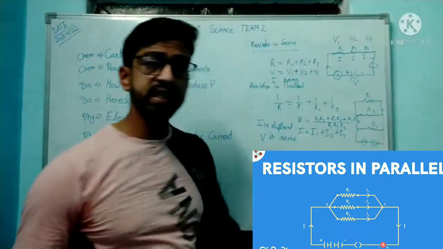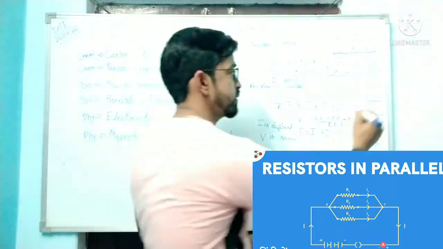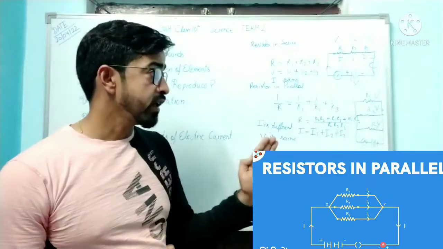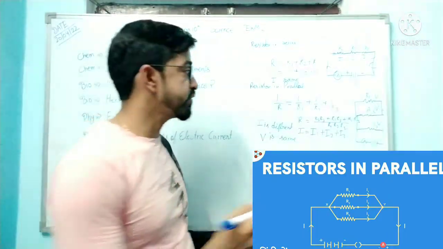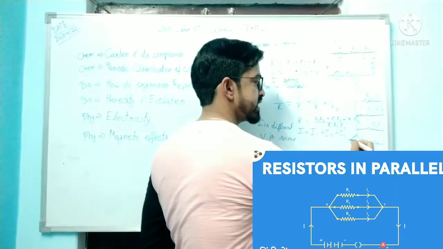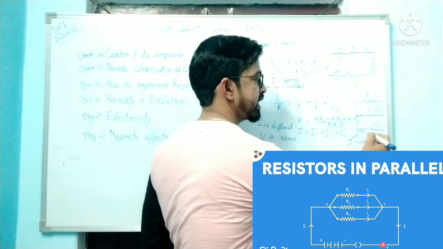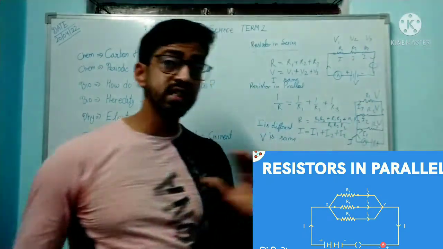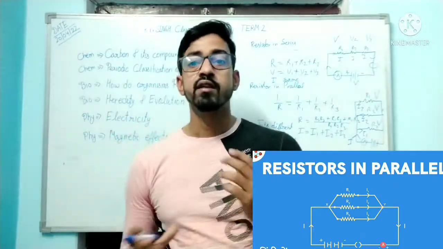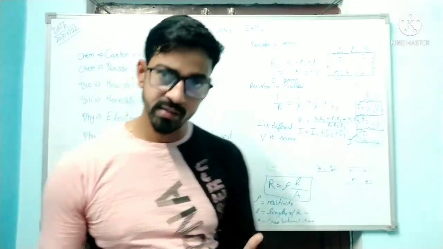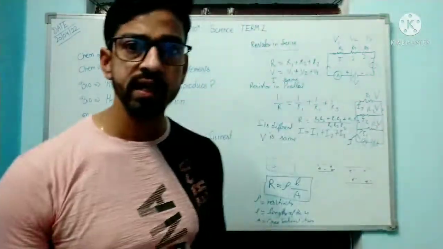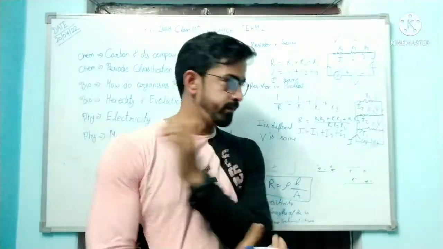So every time the voltage is the same, V, V, V. Okay, and the current is different. From here the total current is I, but it is divided into I1, I2 and I3. So this is a very important aspect. If you do not understand this, you cannot solve a question or numerical, which I will explain further because it is going to be long.